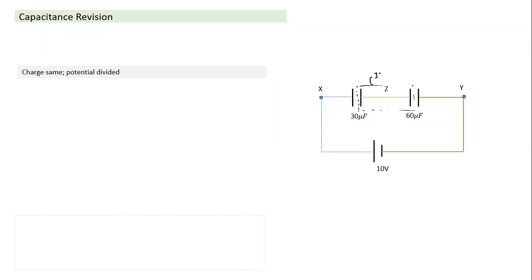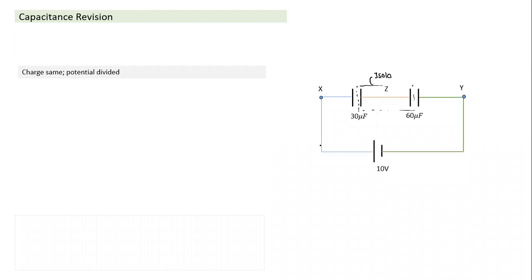If they form an isolated system, the net charge on the two has to be zero, and this will form an isolated system if there's no branch here. So this is a series connection, a direct connection between two capacitors. Whatever charge this has, this also will have the same charge. So in case of series capacitors, charge is the same on all capacitors connected in series.